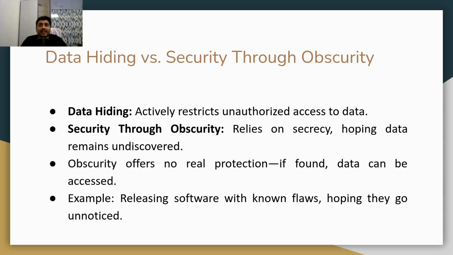If the subject somehow has the ability to discover the object, he can simply access the data. One example of security through obscurity is when a developer releases software, sometimes knowing a flaw exists, but hoping that if no one notices, it can't be detected. That is security through obscurity, right?